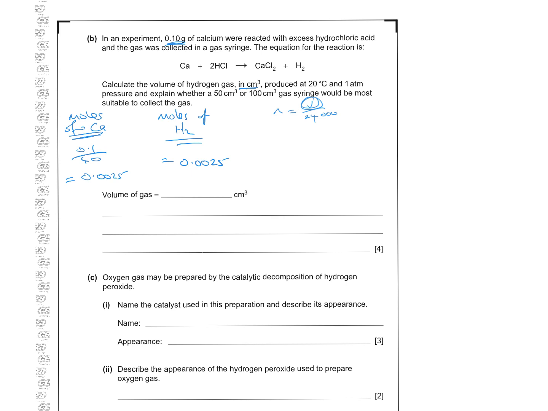So we're after the volume of hydrogen, which will be 0.0025 times 24,000. And that equals 60 cubic centimetres.